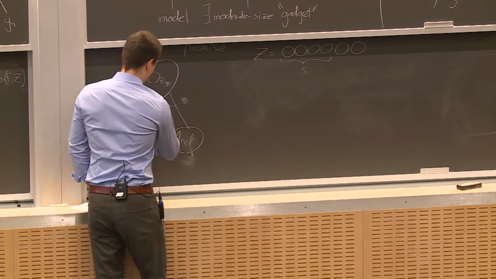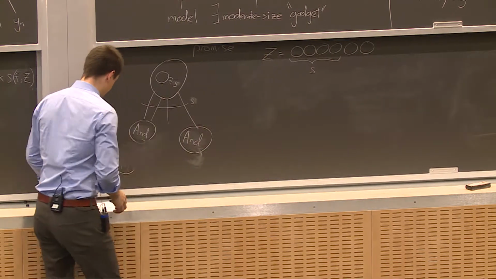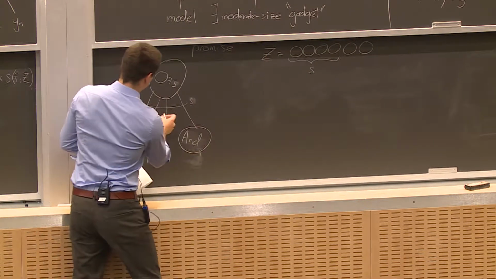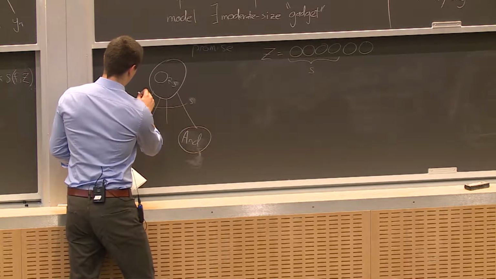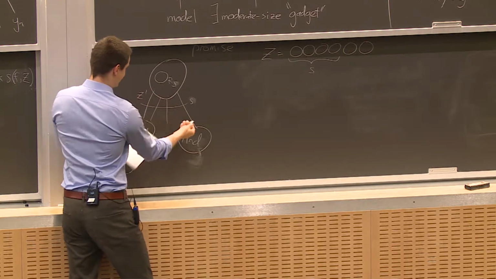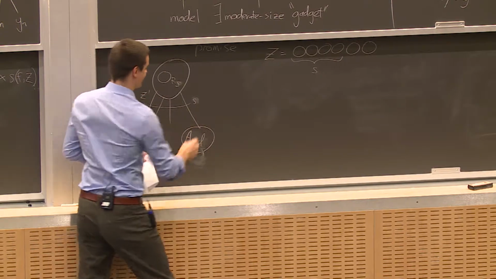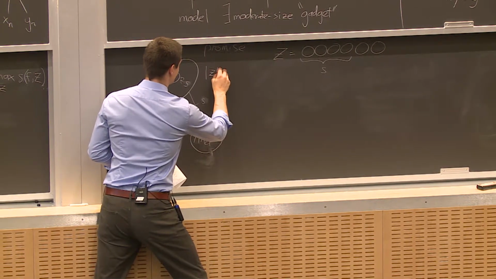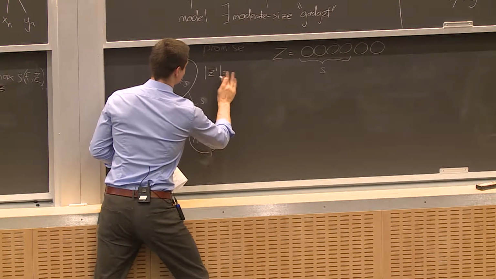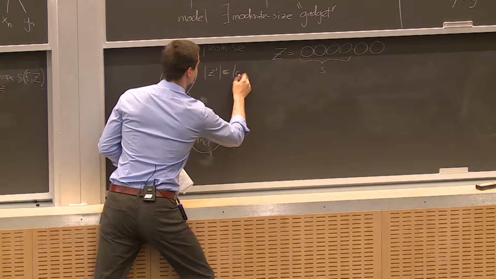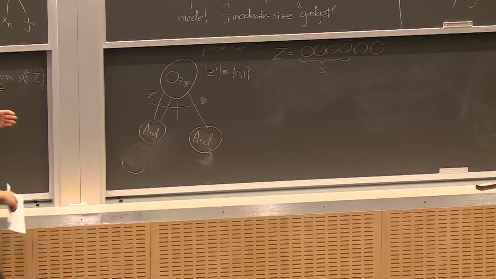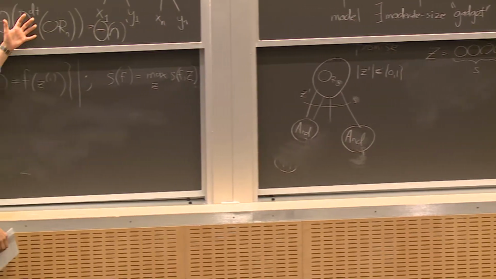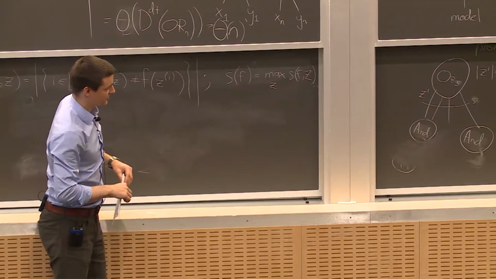Let's call this string z prime. So the promise is that z prime has Hamming weight 0 or 1. And these results hold even under this promise, and that's what I'm going to use.